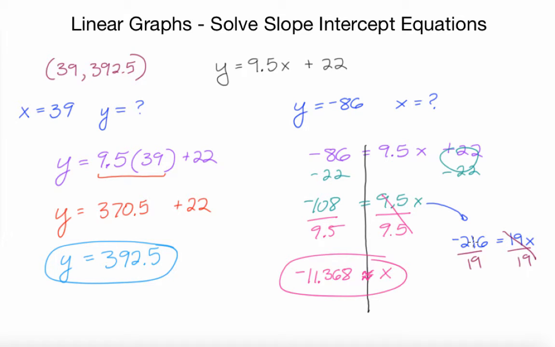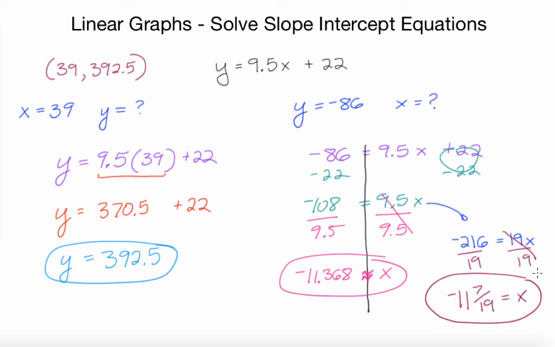Let's see, how many times does 19 go into 216? It goes in 11 times, so negative 11. And 19 times 11 is 209, which means there's 7 left over. So an exact fraction means x has to equal negative 11 and 7/19.